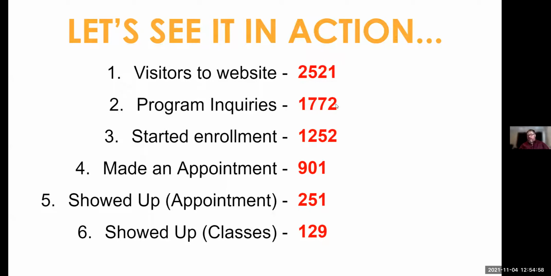Now, I broke it down one more step to show percentages, because that's what I like to do as well. So what does this represent? This represents 70% of the people who visited the site inquired about joining the program. I love that number. I think that's a very good number.